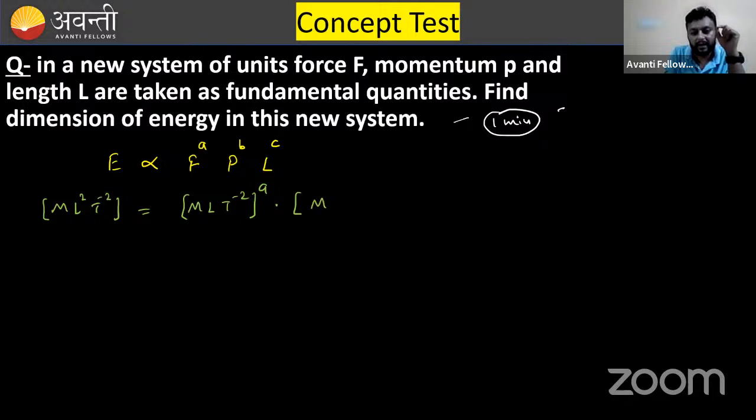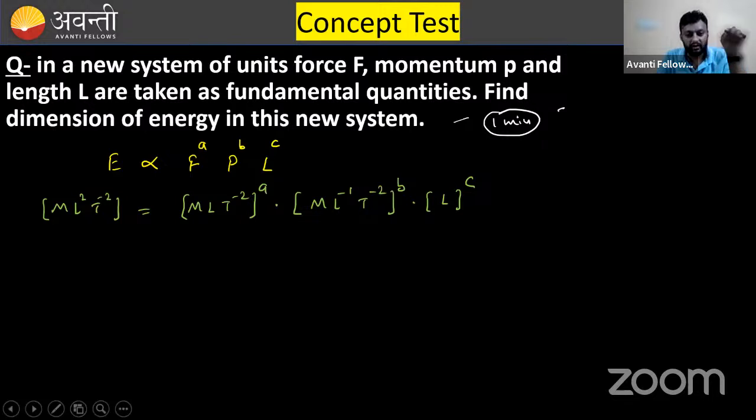So that becomes ML minus 1 T minus 2 raised to the power B. And length is L raised to the power C. Now you need to compare all of these quantities and solve the equations to get the values of A, B, and C. That is our final aim.